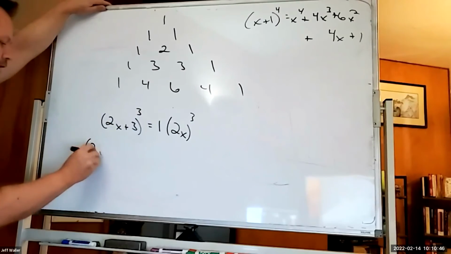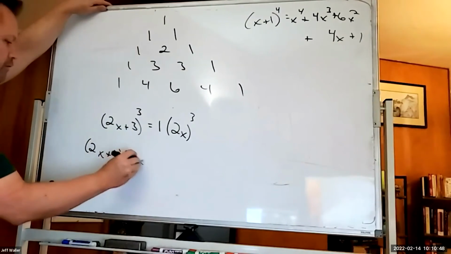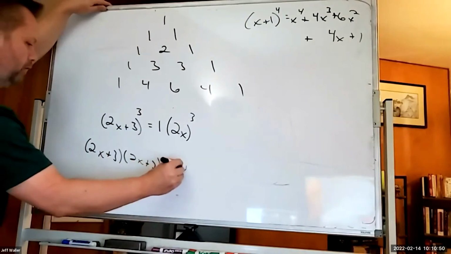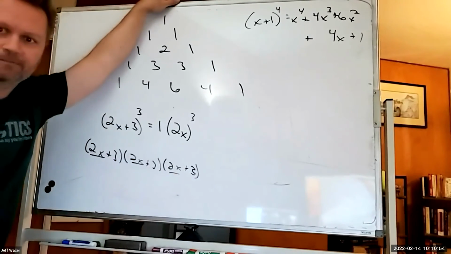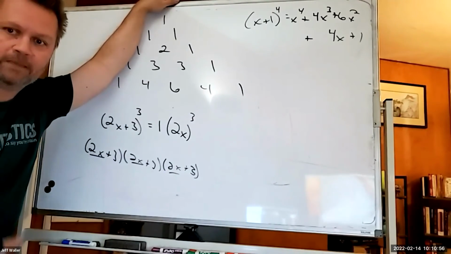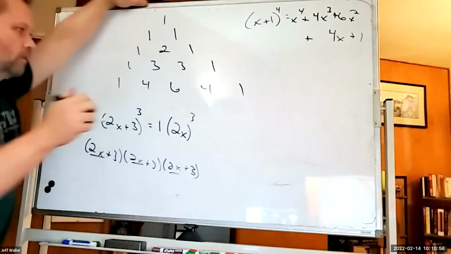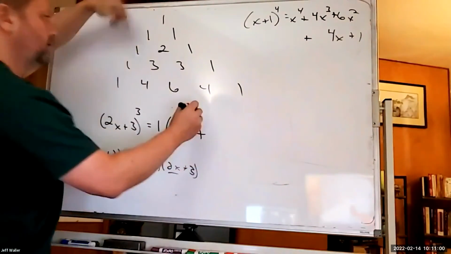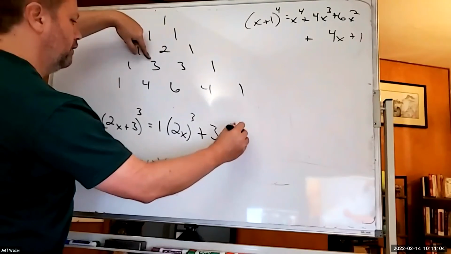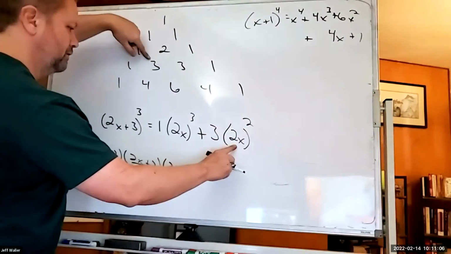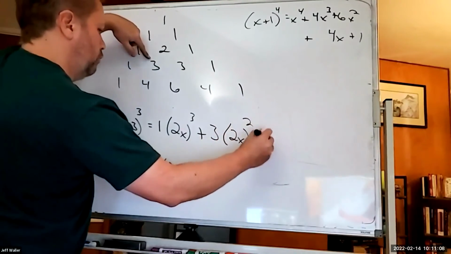I wanted to do this quick, but there's no real good way to do this quickly. One thing I could do is 2x times 2x times 2x. Plus, the next coefficient is 3, and then I have 2 of these and 1 of these.